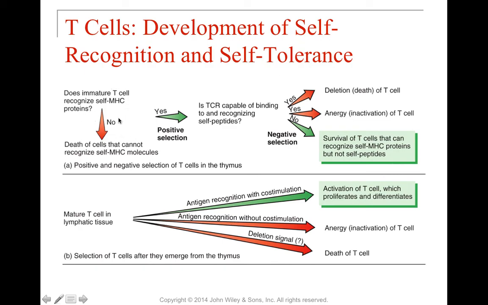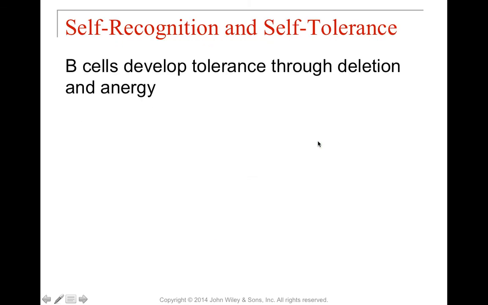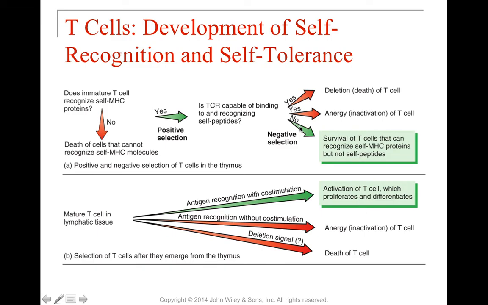It's a positive selection, I suppose, because the negative cells are going to die off. That's a positive selection. So now that means that the cells that do recognize self-MHC proteins are going to move on to bind to and recognize self-peptides. This is going to be a negative selective pressure, which means that the ones that decide that they do recognize self-peptides and bind to those self-peptides are either undergoing deletion or death, or what's called anergy or inactivation.